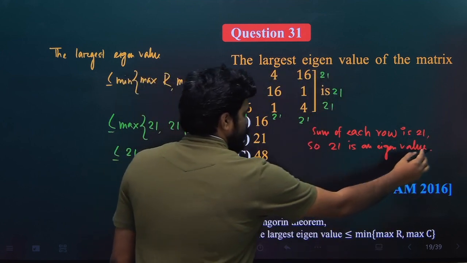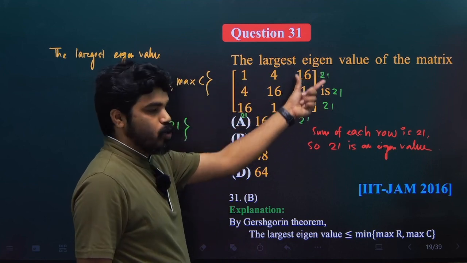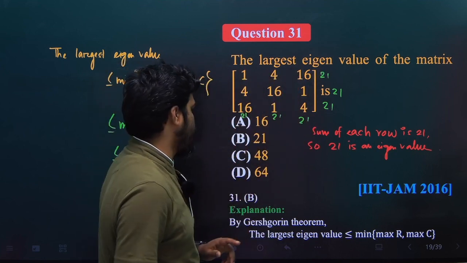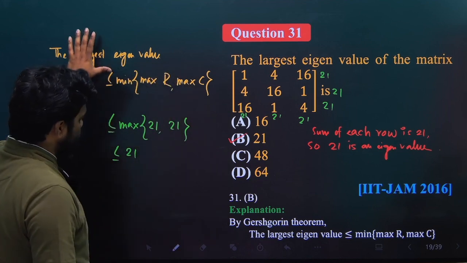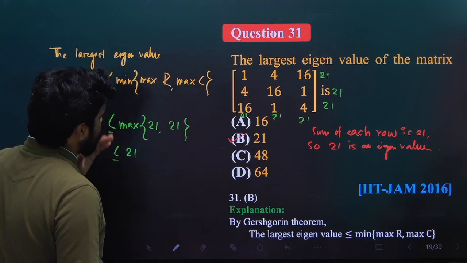Okay, that means 21 must be an eigenvalue, so option B is the correct answer. Okay, so this is very important.